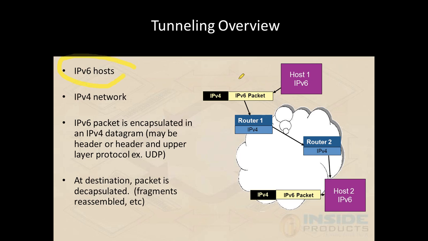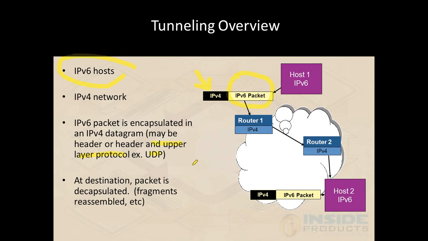It may be implemented in a load balancer. There are a number of server load balancing products out now which do translation. Of course, the routers often have that as well. And what they'll do is translate the V4 packet to V6 and vice versa.